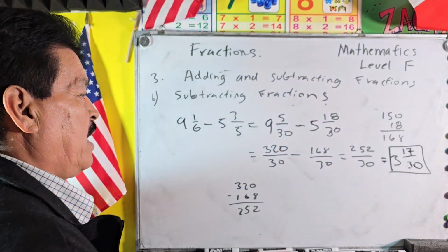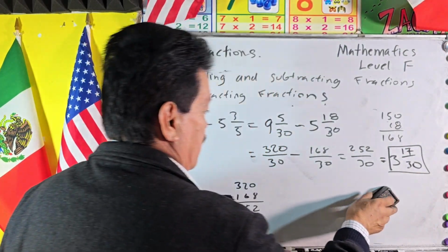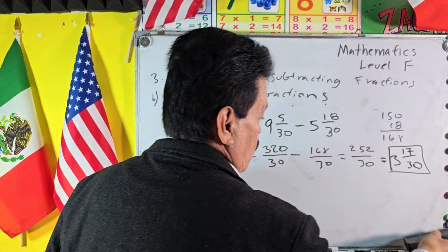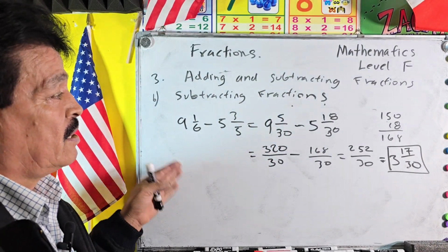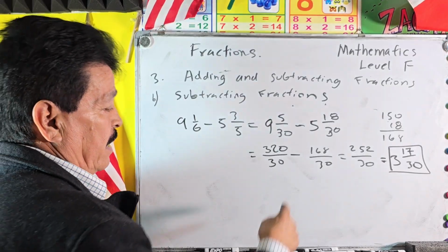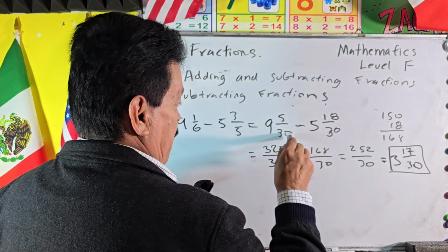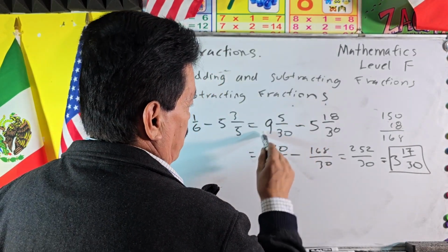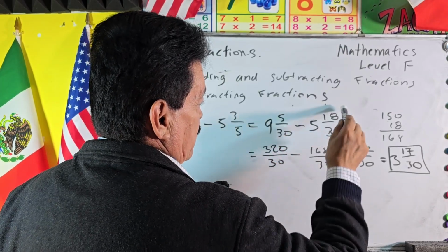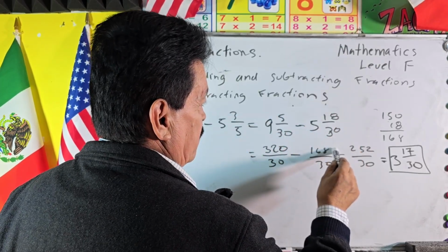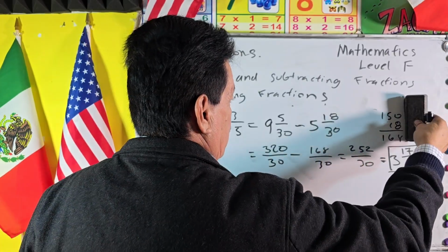To simplify, I skip some process because I don't want to spend too much time. If you have some question, it's easy here. The step, maybe for me, is to multiply 30 by 9 plus 5 right here, 320, and 5 times 30 plus 18 right here. Yeah, I did it right here.